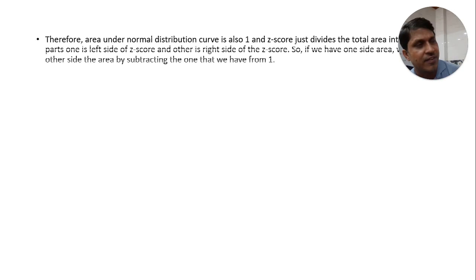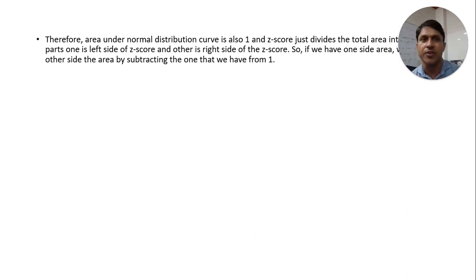So we have to calculate the right area from the left side area. The entire area under the normal distribution curve is 1, because the probability of the sample space is 1. We therefore can get the right area by subtracting the left area from 1.